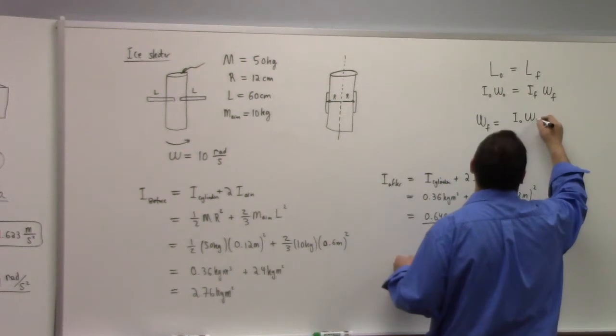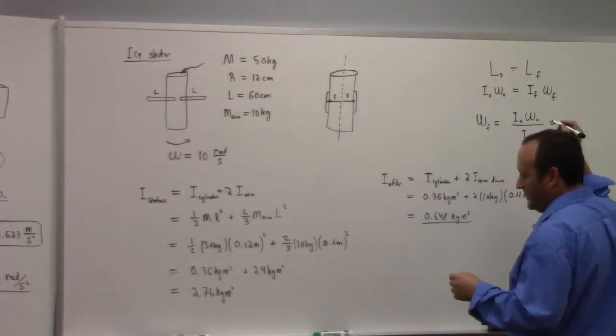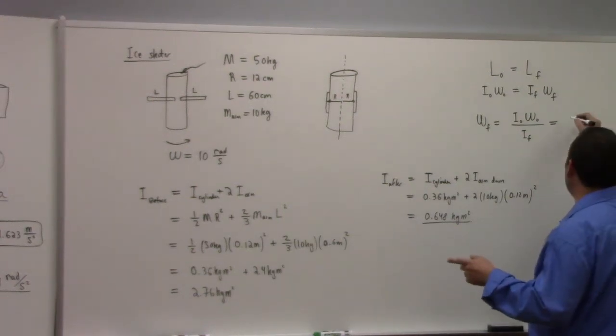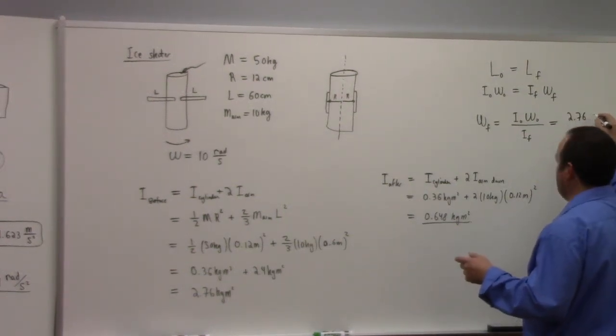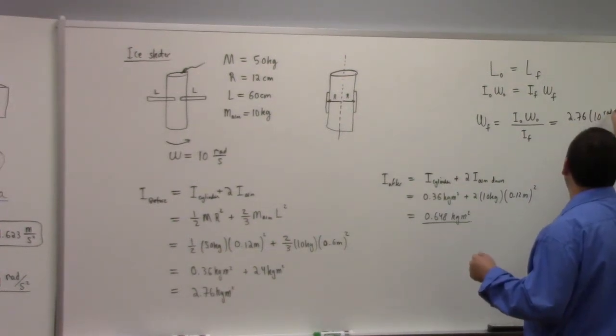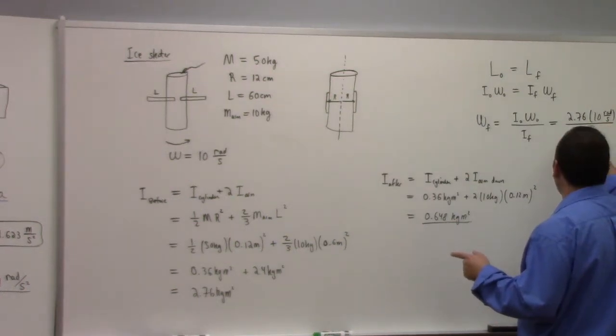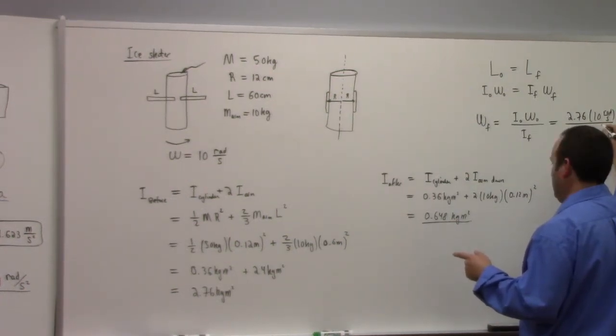It's nigh upon us. Almost done. And so we got 2.76 times 10 radians per second divided by 0.648.